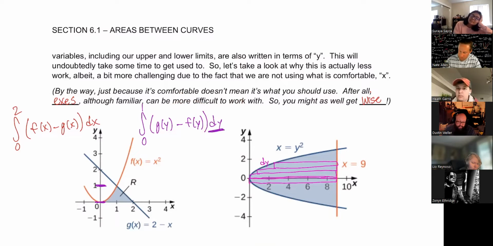Now, this is more of a formality than anything. All the work is right here, isn't it? But this is the key to letting you know what these should be in terms of. So that's why we draw this, what is called a representative rectangle.